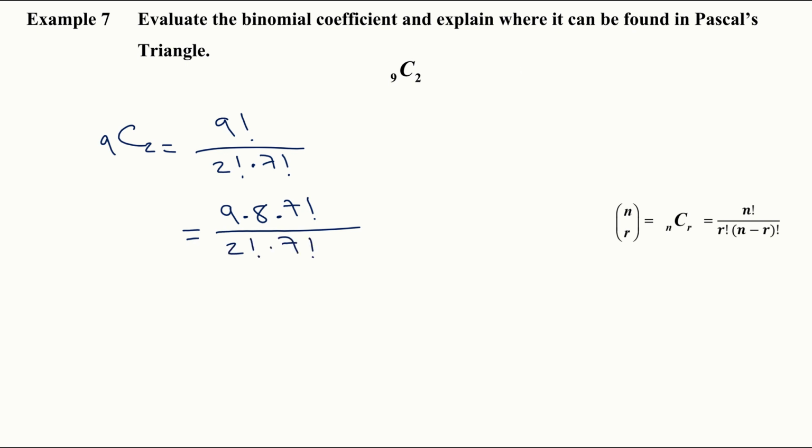So notice how nice and simple that is. You can now cancel out the 7 factorials. And 2 factorial is, of course, just 2, right? So basically, we have just 9 times 8 over 2. 2 and 8 cross-cancel to leave us 4. So we get 9 times 4, which is 36. So that is 9 choose 2.